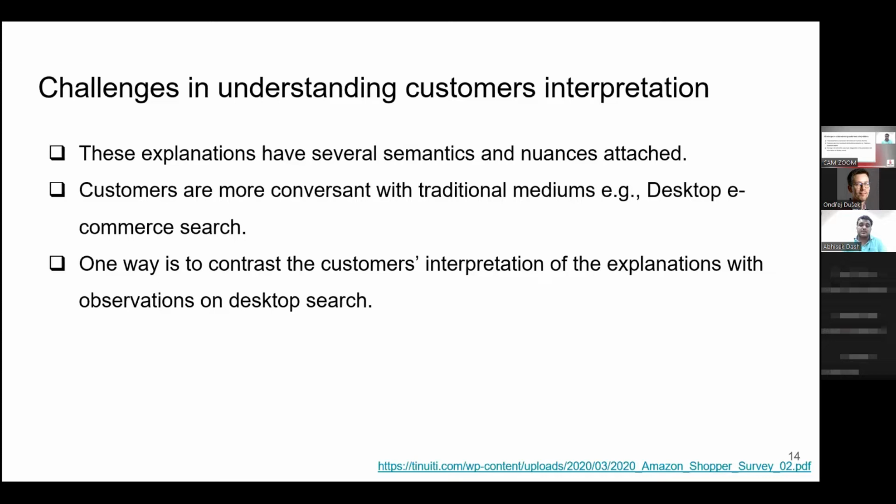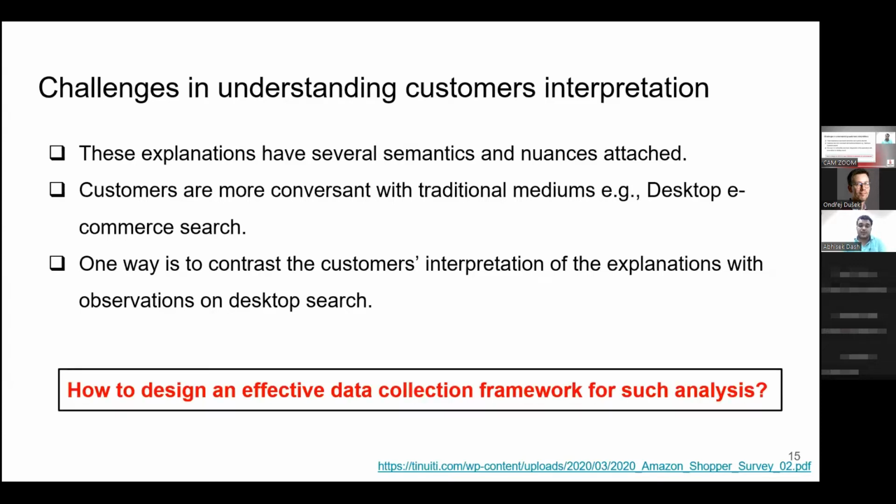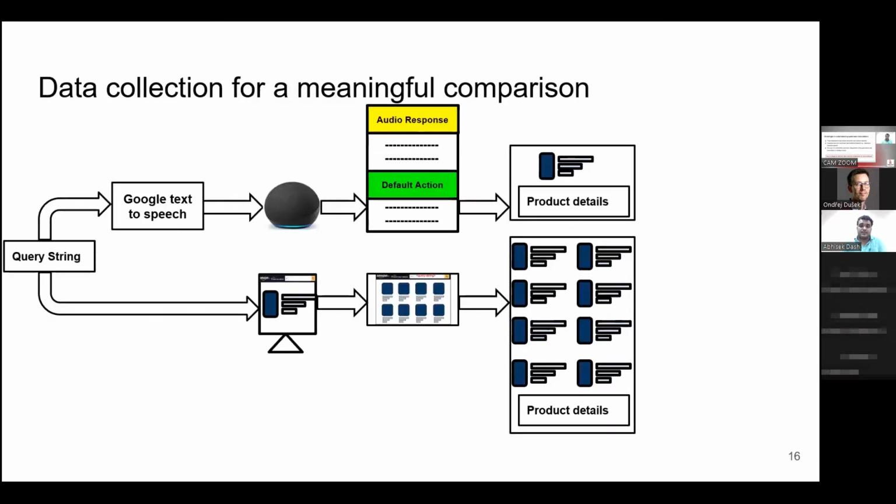So in this particular work, we choose to contrast the customer's interpretation with the corresponding observation on a traditional medium. That is, for this paper, it's observation on desktop search for Amazon. This brings us to another important challenge: how to design an effective data collection framework for such an analysis.